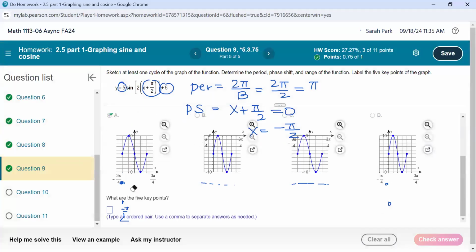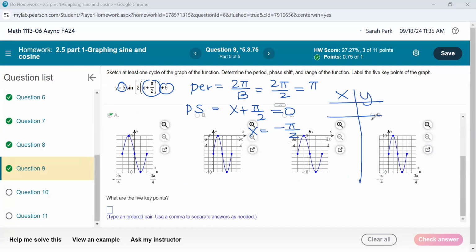Okay, now the key points. Let's find the first value, and 5 points. First value always being the phase shift.